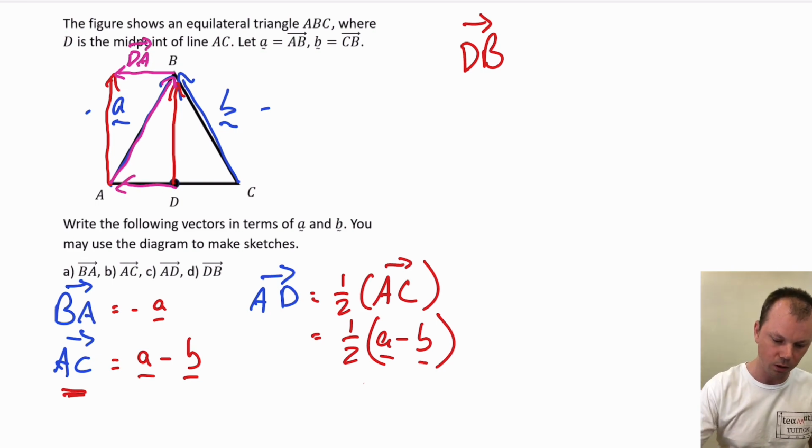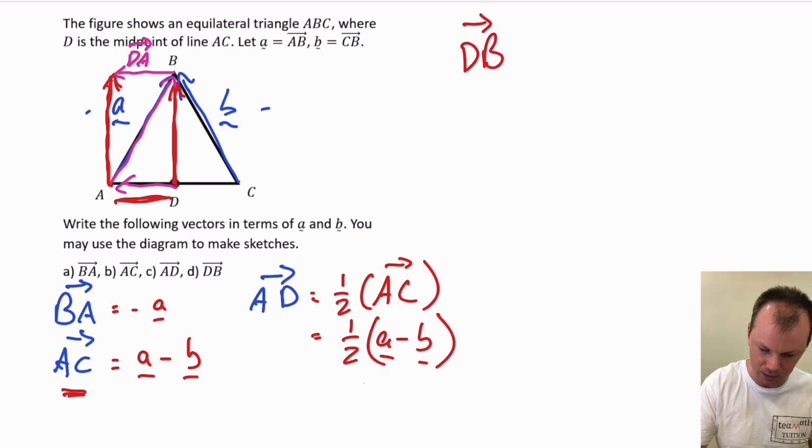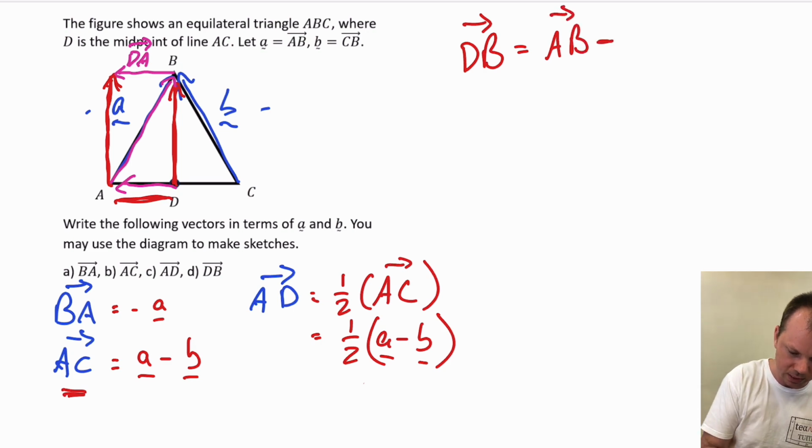So we're looking at this DB vector. We know we have a vector originating from A, so let's shift that DB over here. We can do A, and then we already know how to find this one. So if we're writing out DB, we know that's AB minus this AD vector, because we're pointing in the other direction.